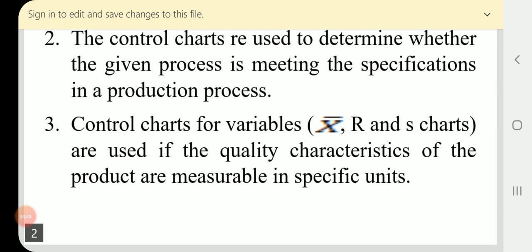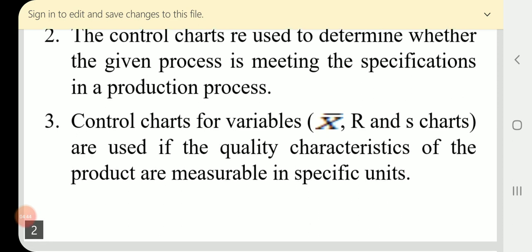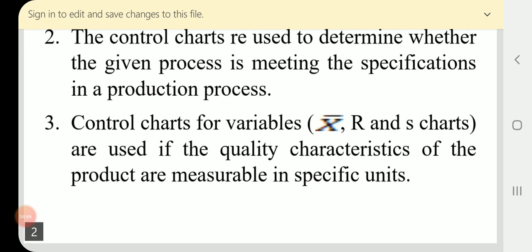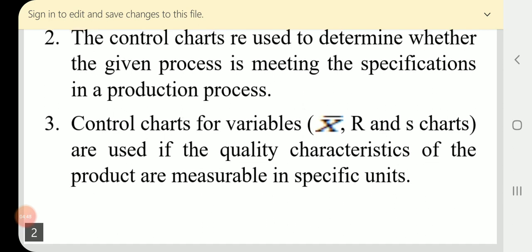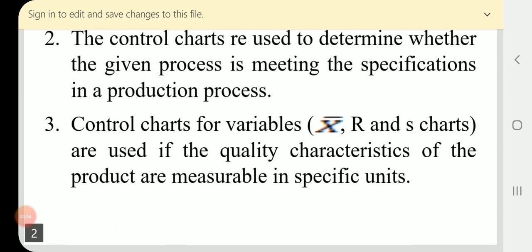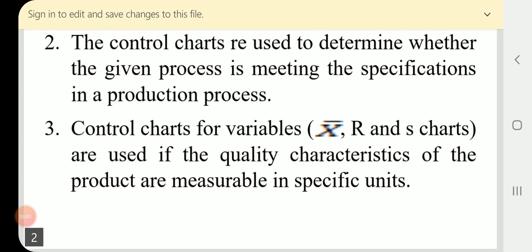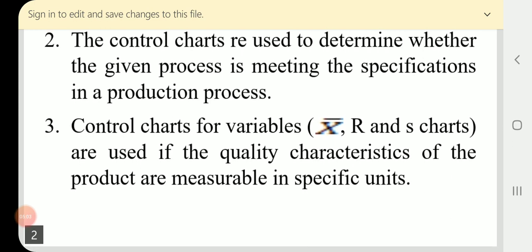So whichever qualitative characteristic of the product is measurable in specified units, we can use control charts for variables: XBar, R and S charts. Fine.